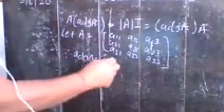Now the cofactor corresponding to A11 is represented by capital A11. So the adjoint of matrix A can be written using all the cofactors: A11, A12, A13, A21, A22, A23, and A31, A32, A33.